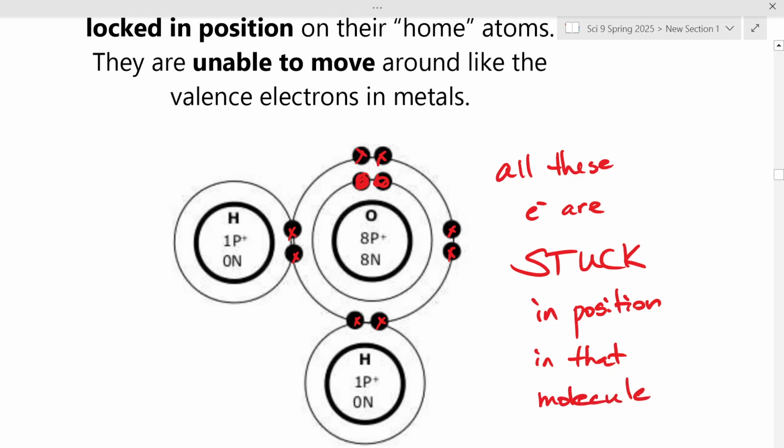In fact, they occupy very specific orbitals and they cannot move out of those orbitals. But as long as you know they're stuck in position and they cannot move, then you've got the general idea, okay?